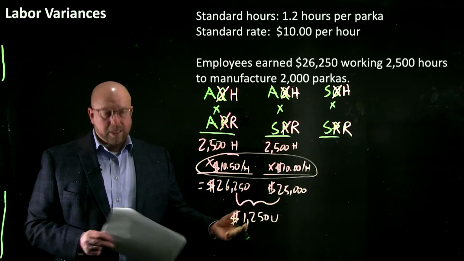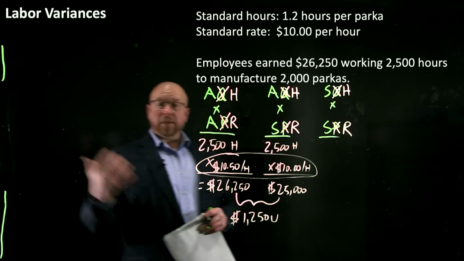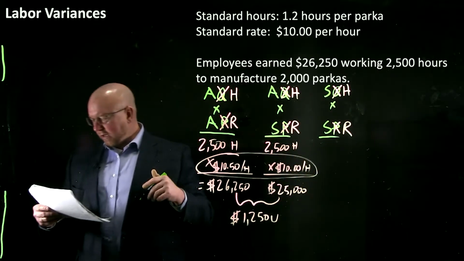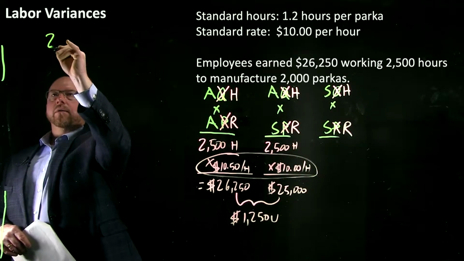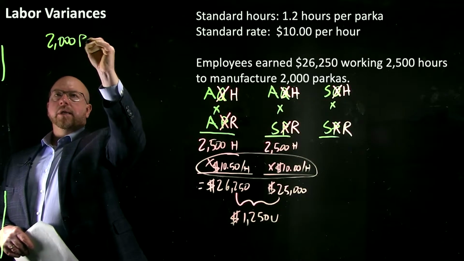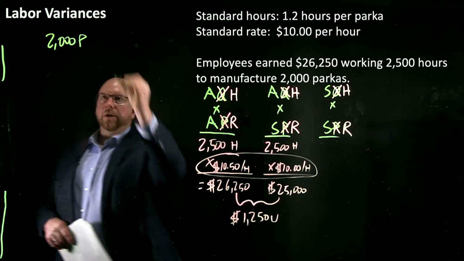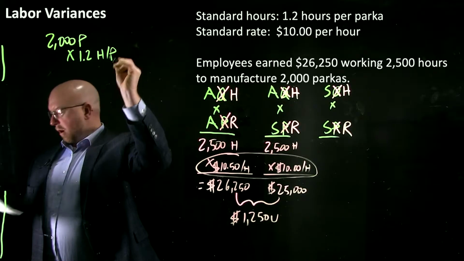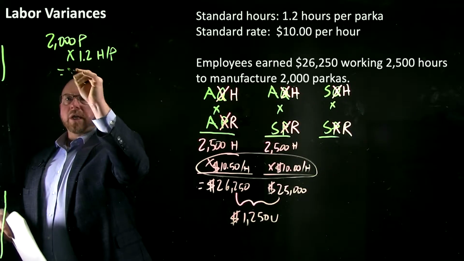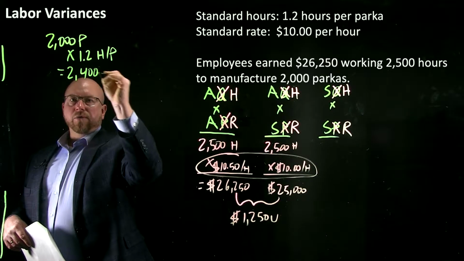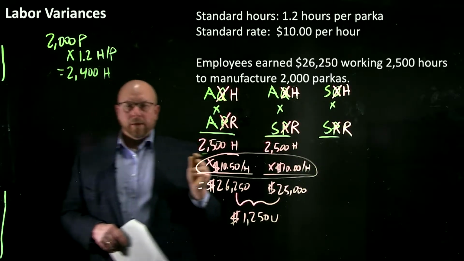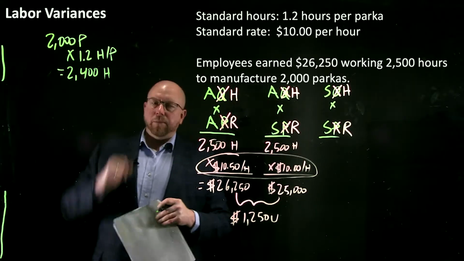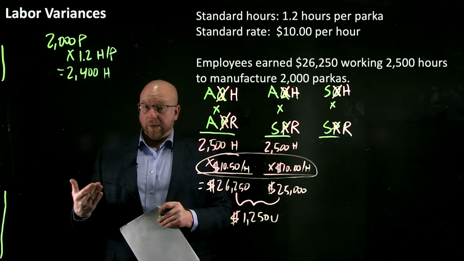Let's look at the efficiency. So kind of like the materials quantity variance, now we're going to look over here at efficiency. Let's start out with this time. We're making 2,000 parkas, and the labor standard is 1.2 hours per parka. So the expectation is this. If we're going to make 2,000 parkas, our employees should work 2,400 labor hours.